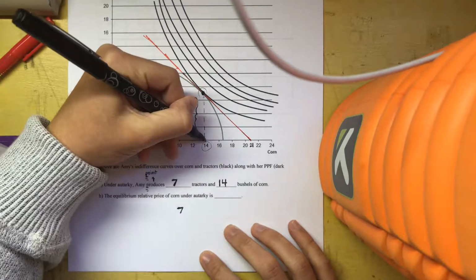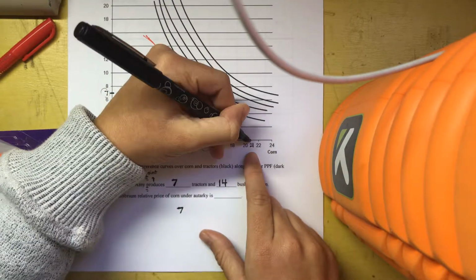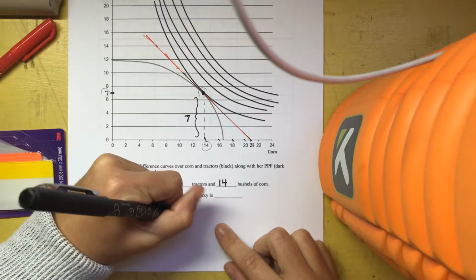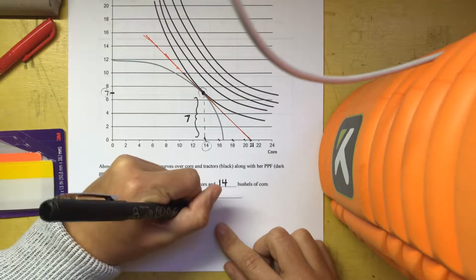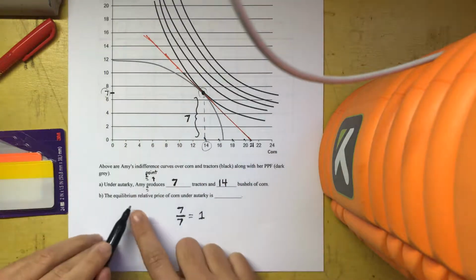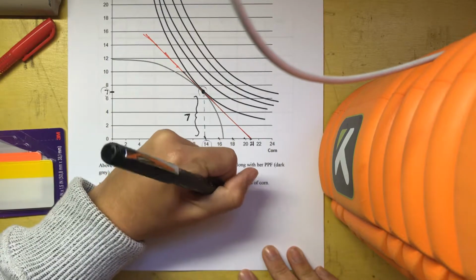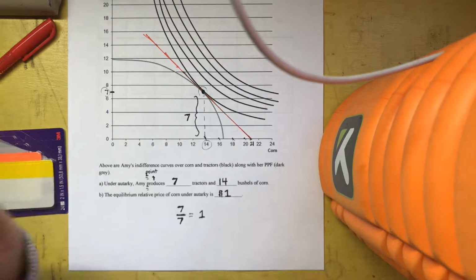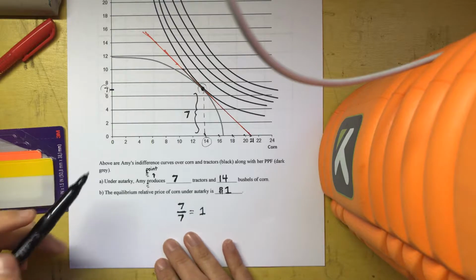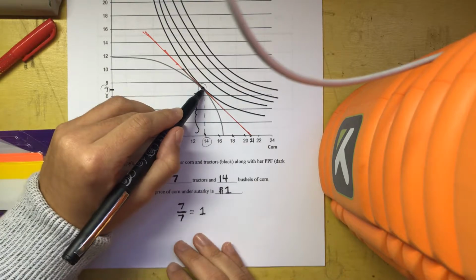And then when we go over, we go 2, 4, 6, we're at 20, and then 21 is 7, so over 7, which equals 1. So the slope is 1, and that is our relative price, so that's going to be $1. That's our answer. Okay, so we know that this is our endowment point right here.